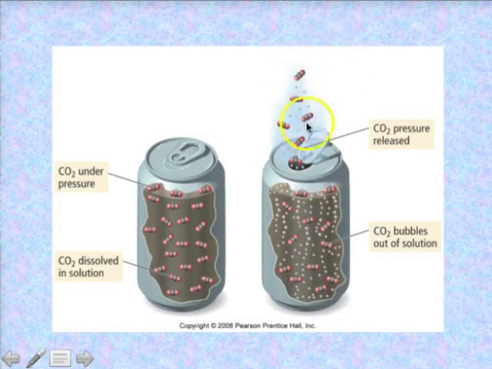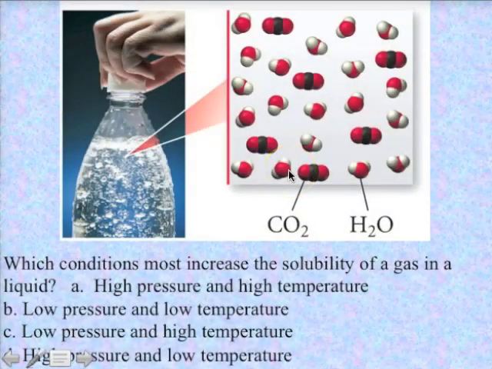And that accounts for the big fizzing that we get when we open a pressurized can or bottle. By putting it under pressure, we force the carbon dioxide to dissolve in the water. The water is able to form a few attractions between the carbon dioxide and water, and the carbon dioxide dissolves.